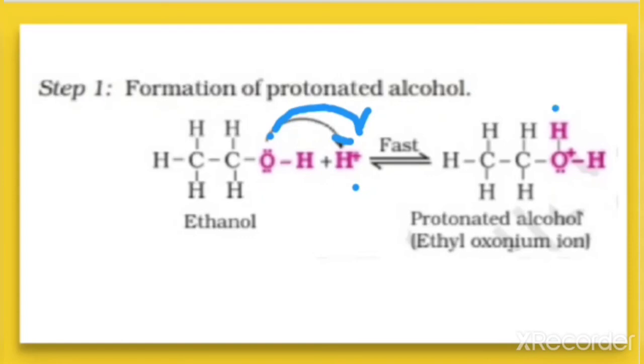So you can see here now the bond formation takes place between the proton and O. So here a positive charge develops on the oxygen. So this is called protonated alcohol, because a proton is added on alcohol. That is the first step in the dehydration.